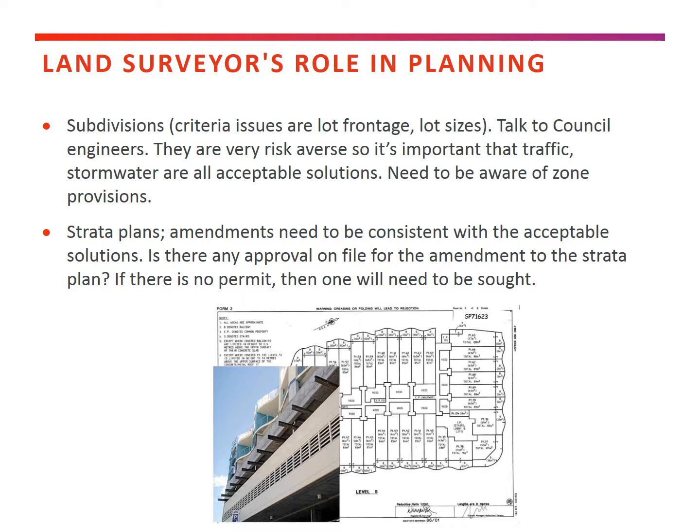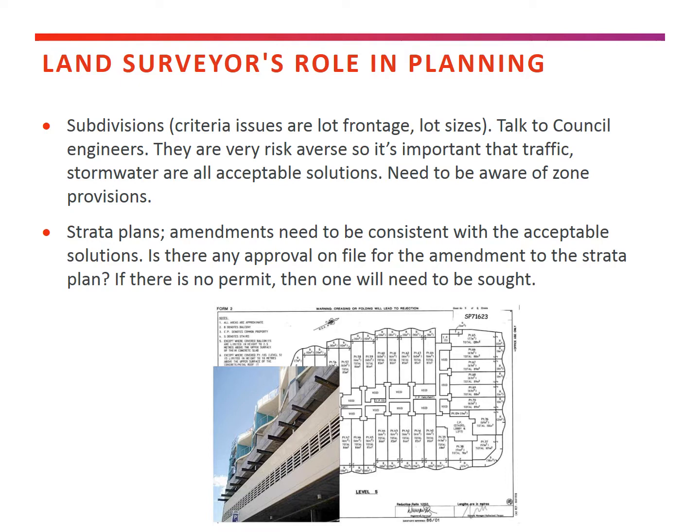So they need to be aware of anything that might be part of that particular zone and go and talk to the council engineers to make sure that they're adhering to things. So for example, there might be an issue around lot frontage. In City of Hobart, in a residential zone, lot frontage needs to be at least 3.6 metres wide.